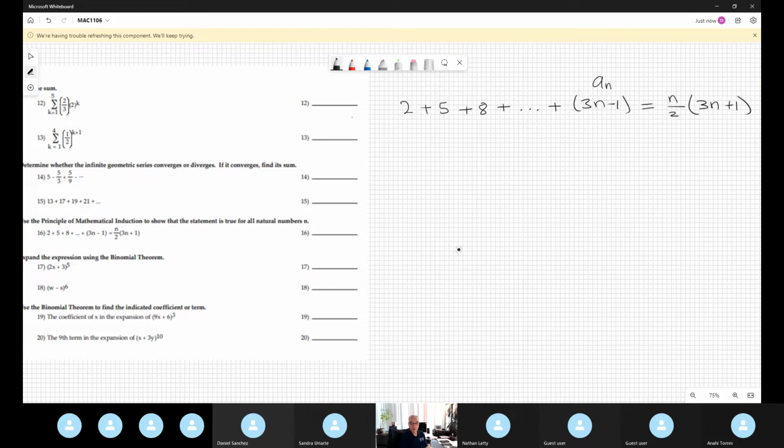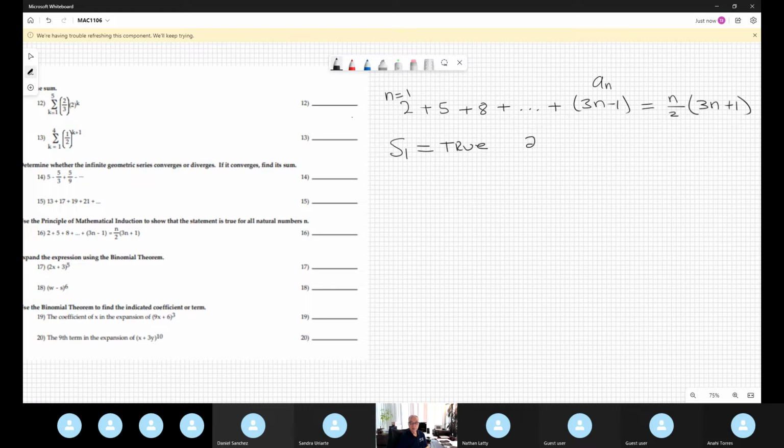I remember the mathematical induction principle. You prove statement 1 is true. Statement 1 is when n is equal to 1. And n equal 1, I suppose, is this guy.